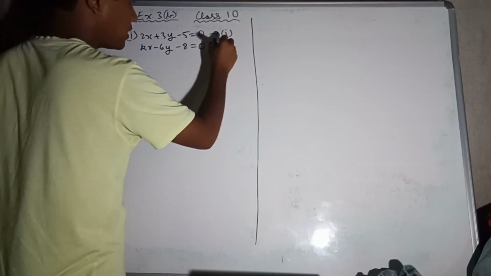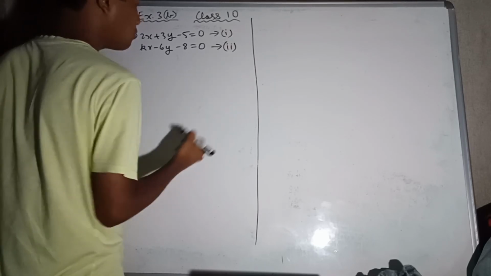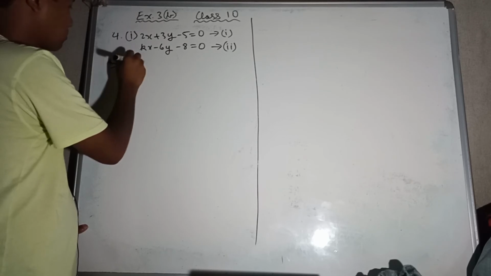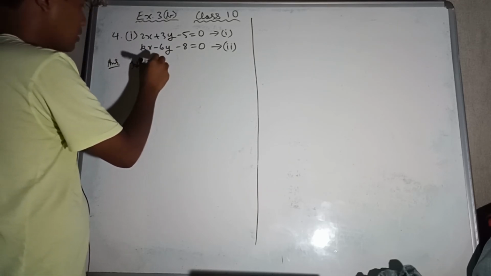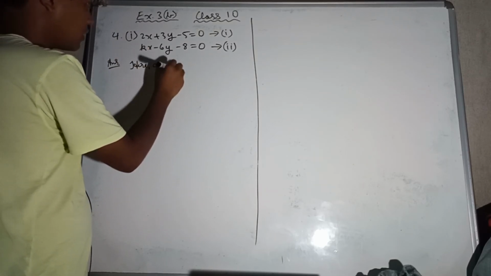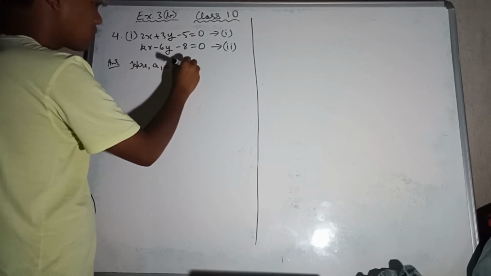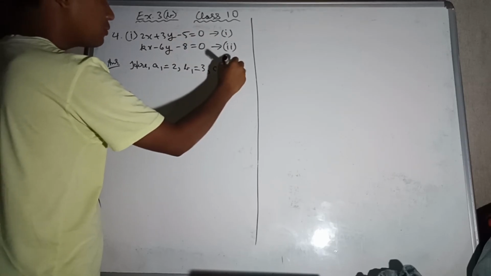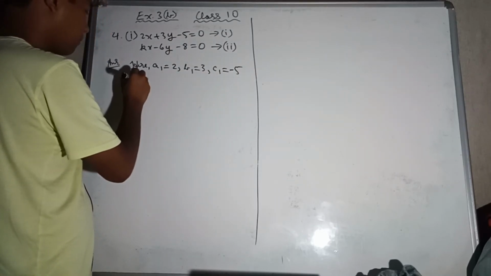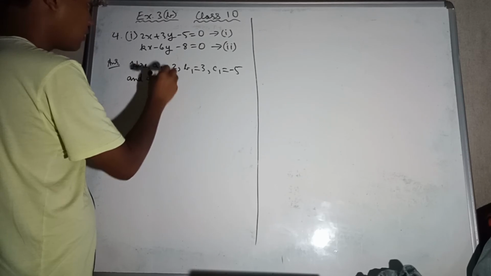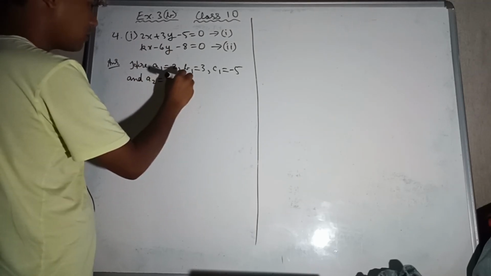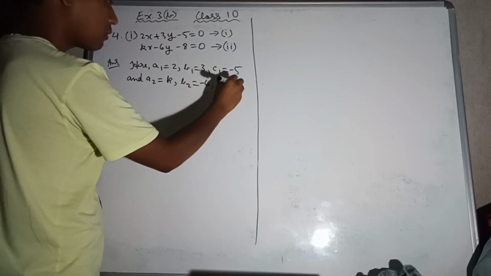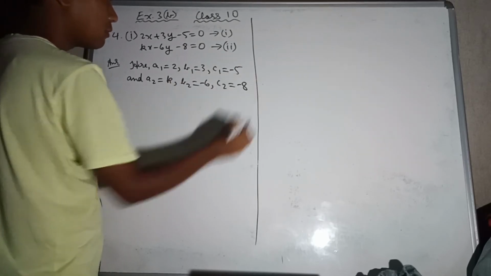Equation 1, then equation 2. Here a1 equal to 2, b1 equal to 3, c1 equal to minus 5, and a2 equal to k, b2 equal to minus 6, c2 equal to minus 8.